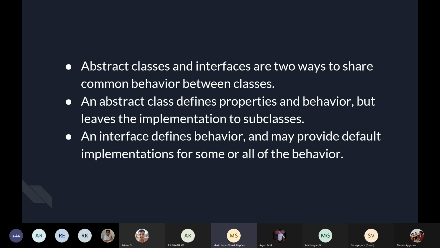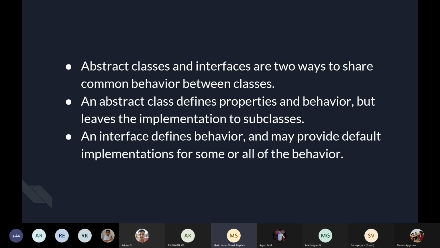An abstract class defines properties and behavior, but leaves the implementation to the subclasses. It just says that these are the properties and behaviors I expect, and you have to implement these behaviors yourself.